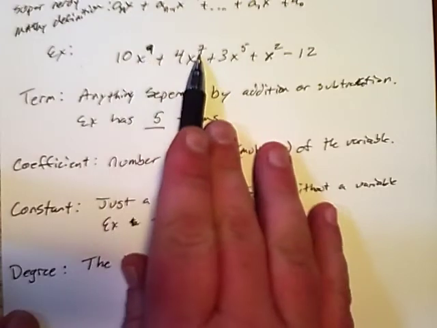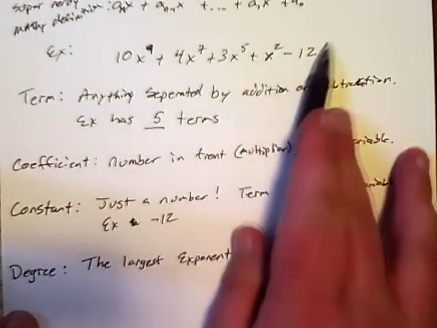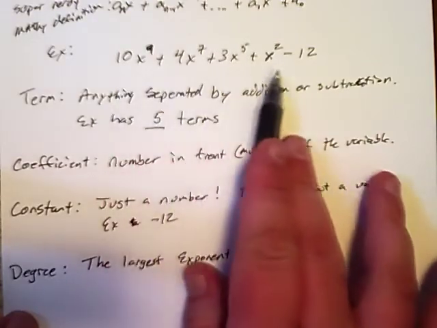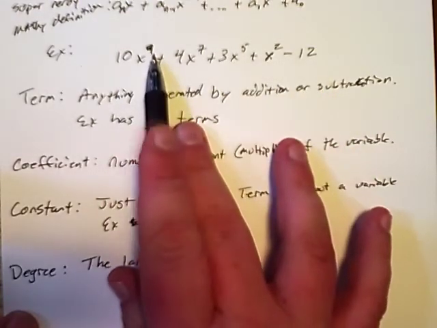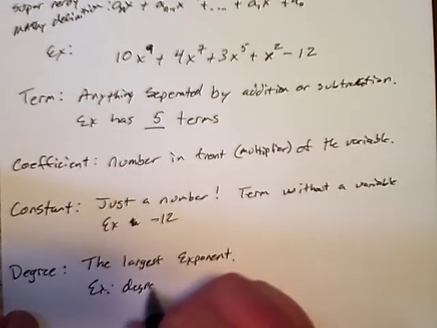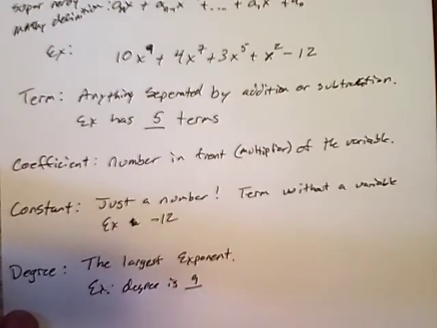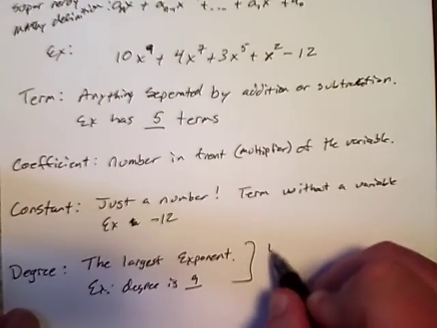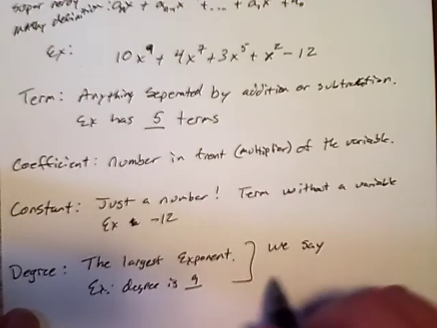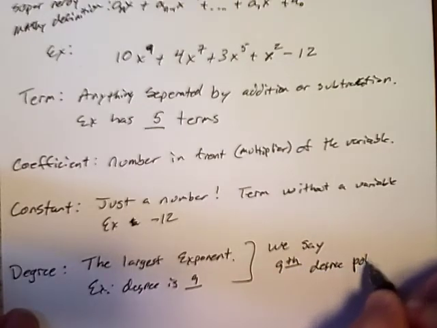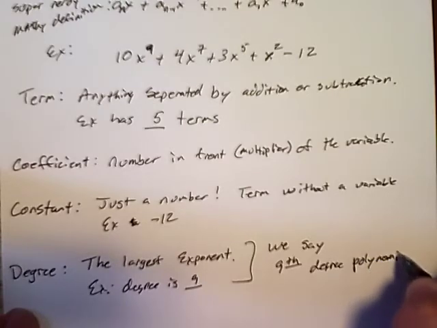Here we have a 9, a 7, a 5, a 2, and technically we have a 0. So here, the degree of this polynomial would be 9. So for our example, the degree is 9. So it's a 9th degree polynomial. I'm going to write this over here. We say 9th degree polynomial.